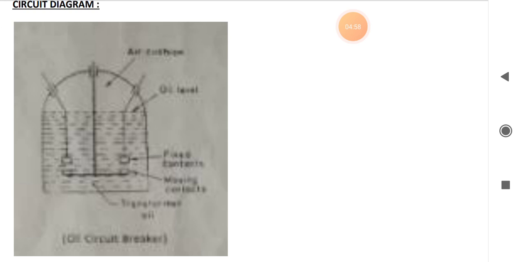Now there is a medium. This medium is transformer oil, and inside this we have air cushion. What is air cushion? That means air can get outside and can also get inside according to the expansion and contraction of the oil.